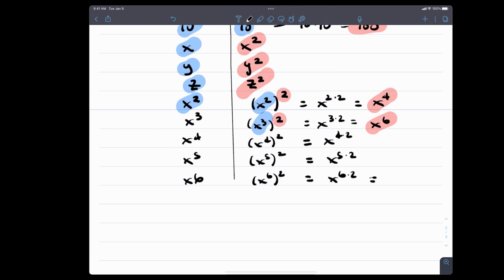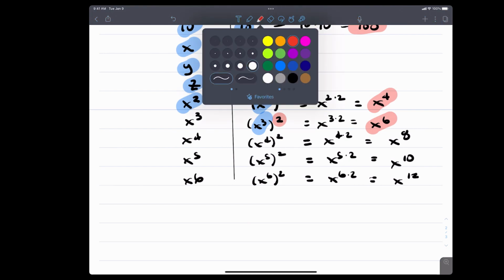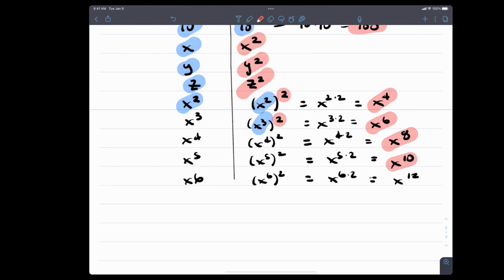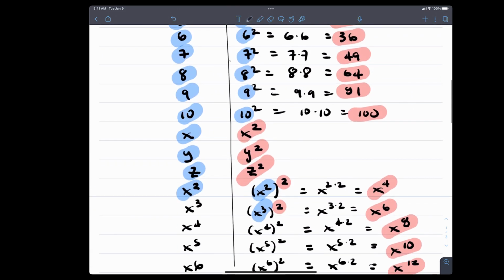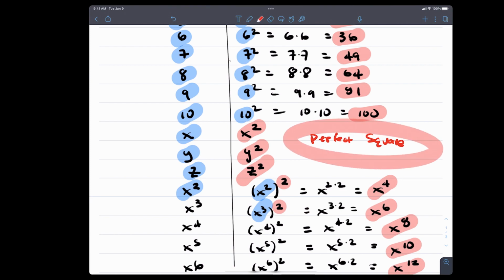And this will be 6 times 2. What do you guys get? What's 4 times 2? What's 5 times 2? 6 times 2. And what do you guys notice here? These are all called, yes, let's put this, I'm going to put the phrase down here again. Everything in red is known as a perfect what? Square. There you go.